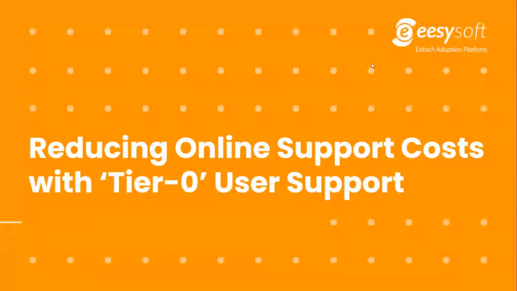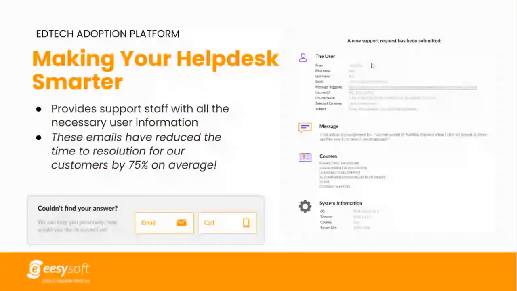And so the first item that I want to discuss today, and one of the areas where EesySoft has a really large impact on saving on support costs, is through this Tier 0 user support with the EesySoft support tab. So giving users access to the information that they need without having to leave Blackboard and without having to search for anything.